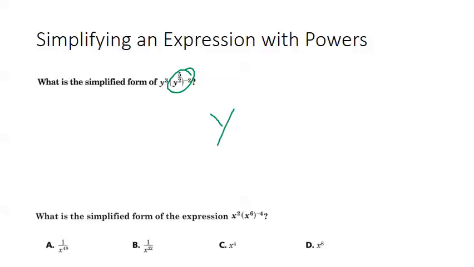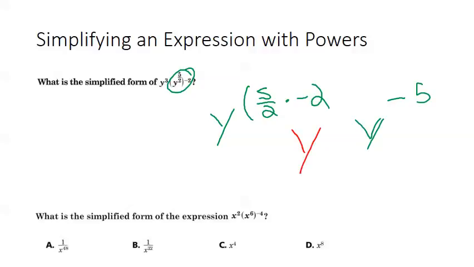Well, we multiply those, right? 5/2 times negative 2. Now you can do your math. That's y to the power of negative 5. Okay, so now we've got y to the power of 3, right? This guy right here, times y to the power of negative 5. And what's the rule with multiplication? Y to the power of 3 minus 5. Or y to the power of negative 2.